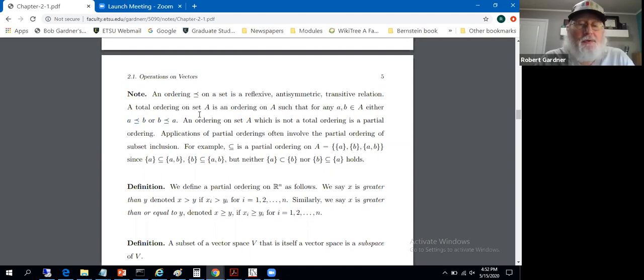A total ordering on a set A is an ordering such that for any A and B on which this ordering is defined, we get either A is less than or equal to B, or B is less than or equal to A. Possibly you get both of them. But sometimes for orderings on sets, not total orderings, you can't compare A and B. We'll have an example down below.